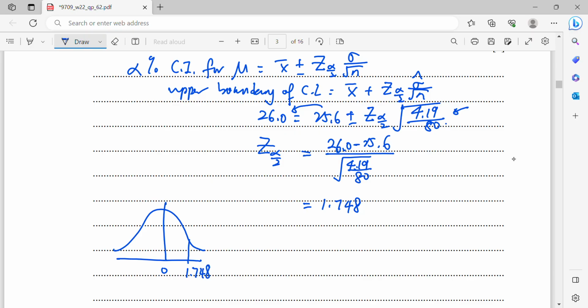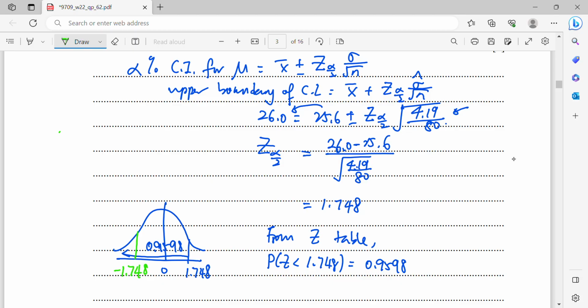Now from the z table or the normal table, we know that P(z less than 1.748) is going to be 0.9598, which means all this will be 0.9598. But then you must understand that for the confidence interval, it should be two-sided, right? So two-sided test. That means the other side will be negative 1.748.